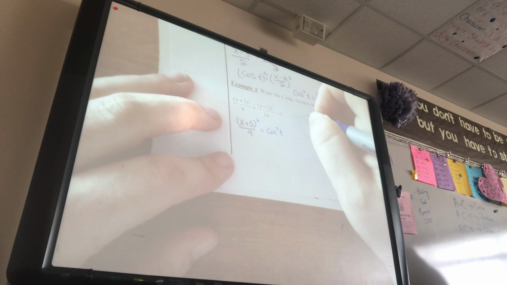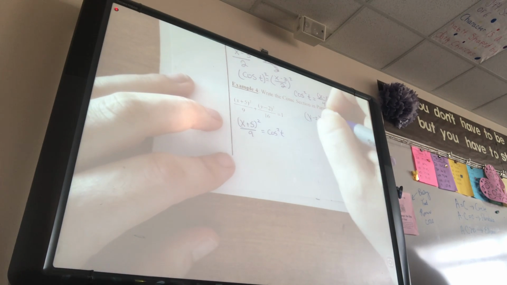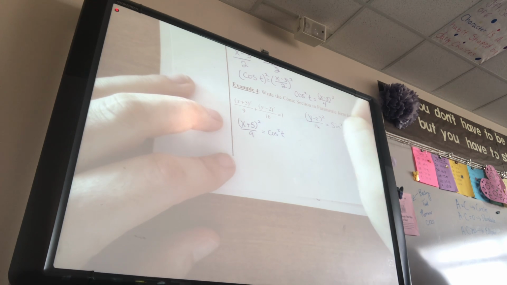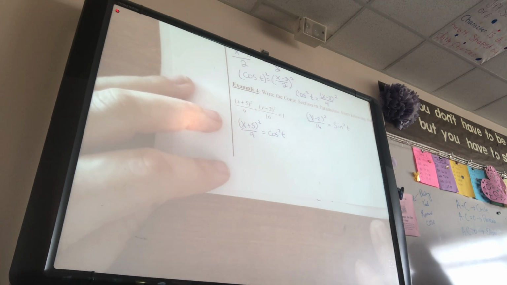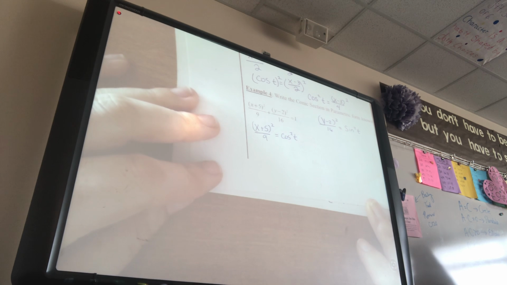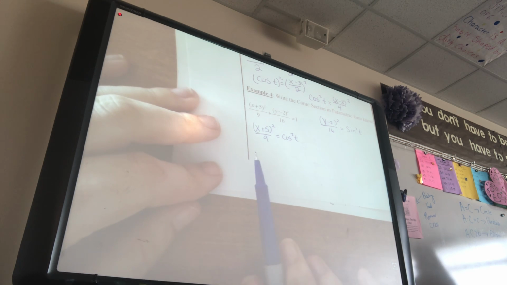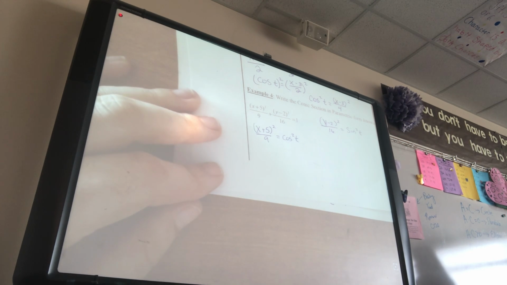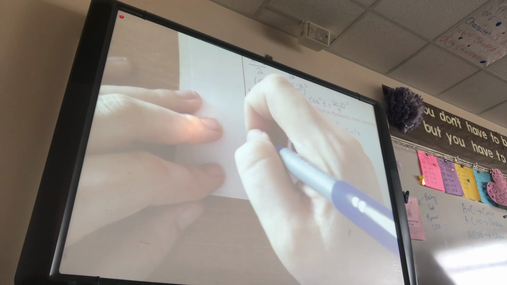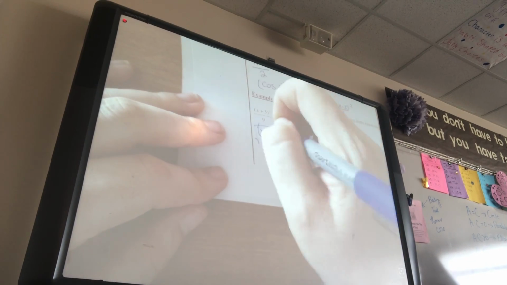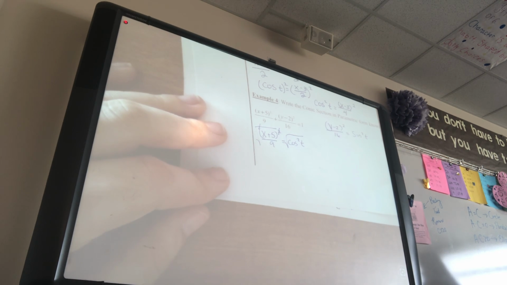Let's set this equal to sine squared t. Okay, but I need to get x by itself. That's my goal here. What do I need to do? Let's square root. Excellent. Because the square root's going to cancel with the square, right?